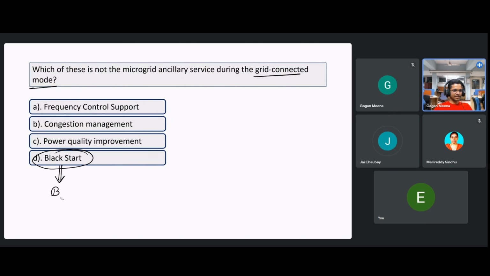So when do we need black start services? In island mode only, no? Yes, but why do we need black start? When complete power failure occurs, the system has to be black started. Auxiliary services power requirement is there. Correct, that's true.